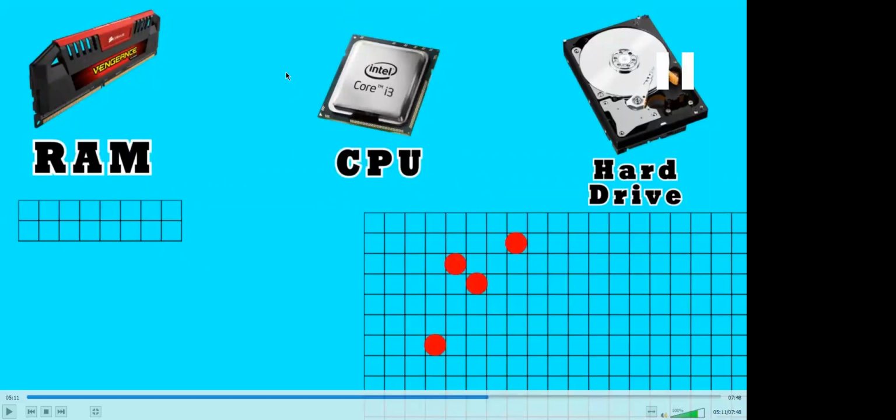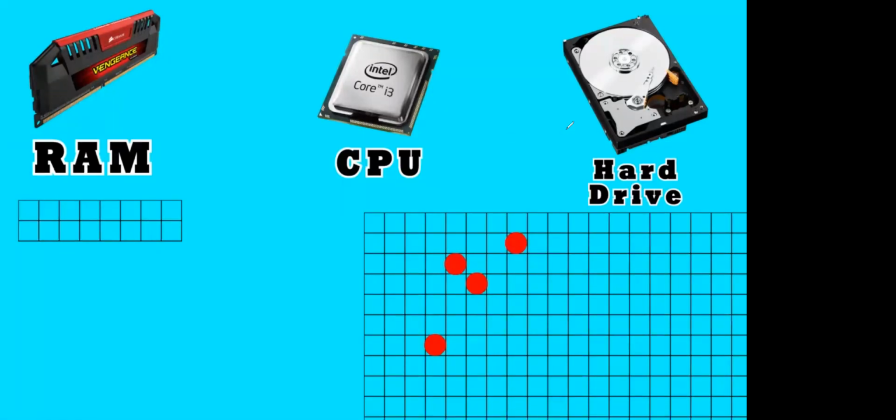Okay. So you have a computer, and in that computer you have RAM and hard drive, as I said. So in hardware you have a video. In order to play that video, you need to go and search for that video and open it, right?